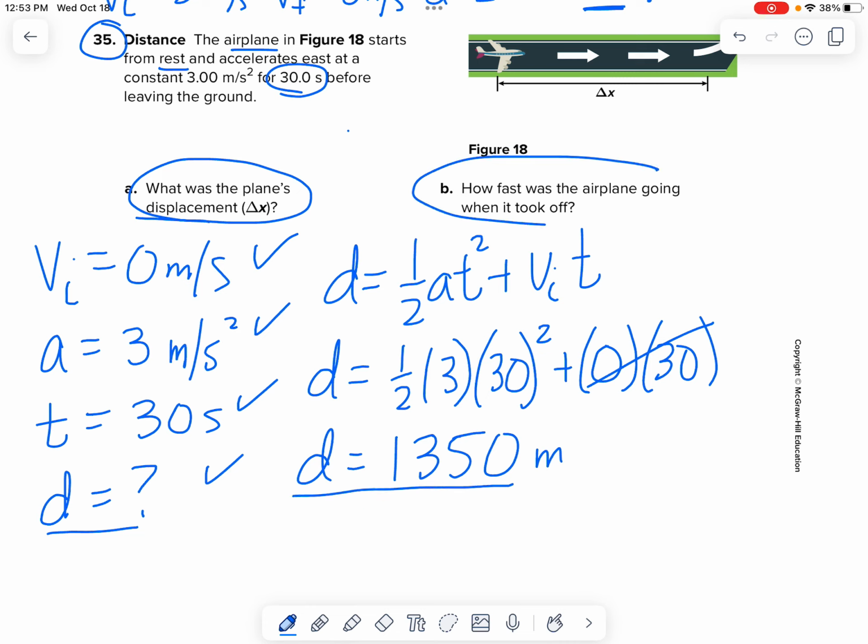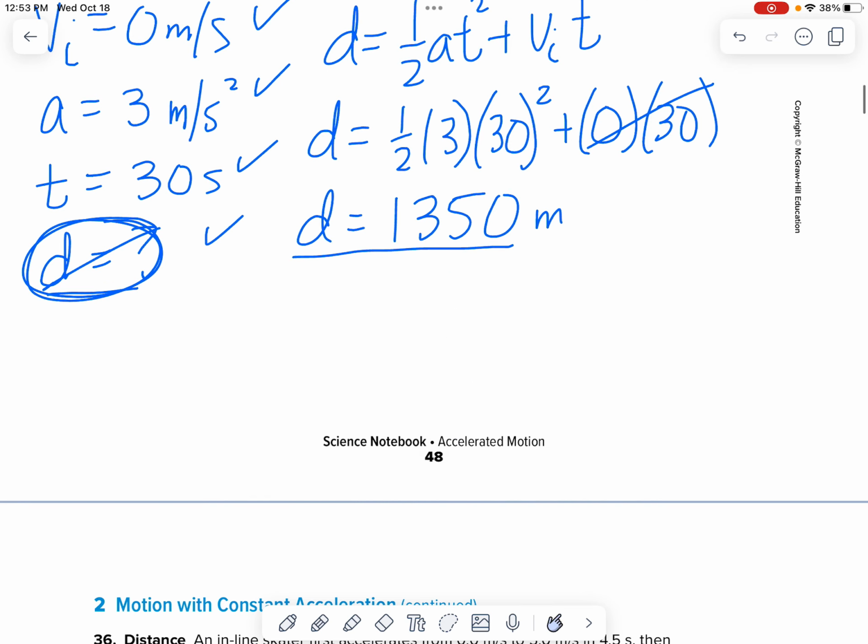How fast was the airplane going just before it took off? Well, now I want to find not distance. This was part one, I found distance. Now I want to find the final velocity.